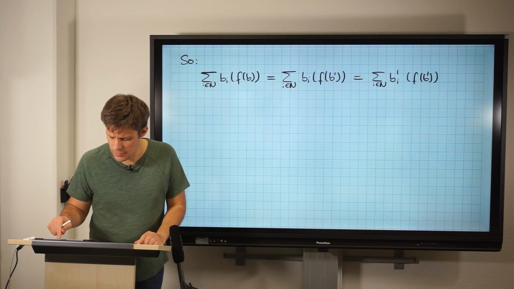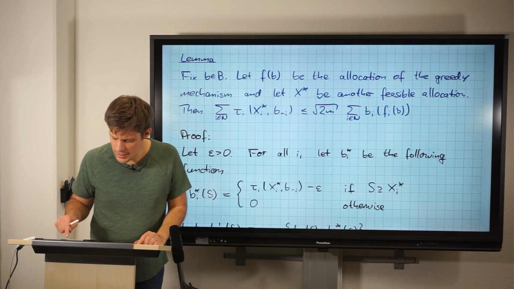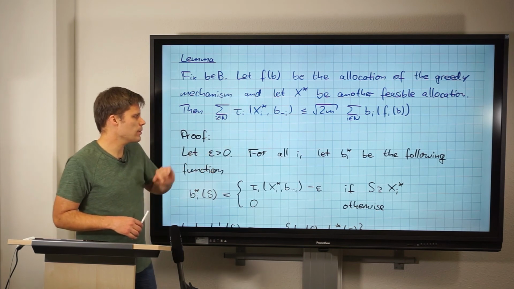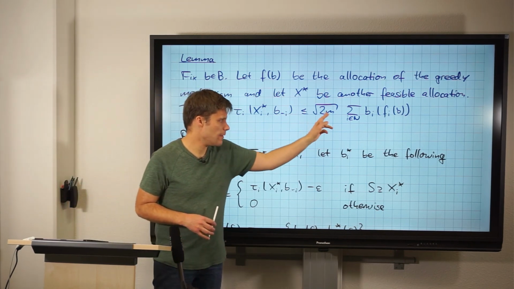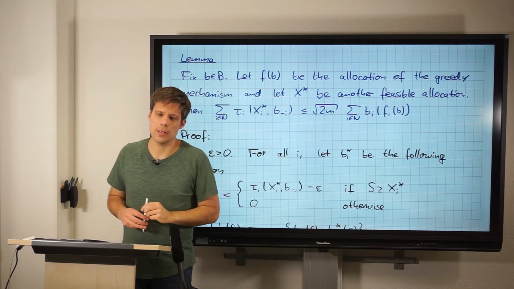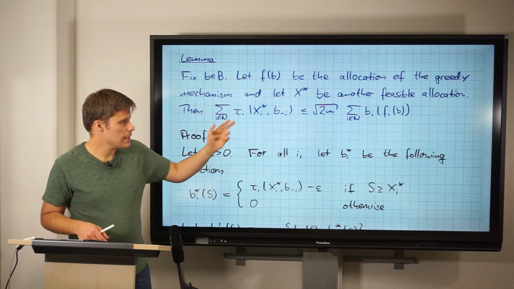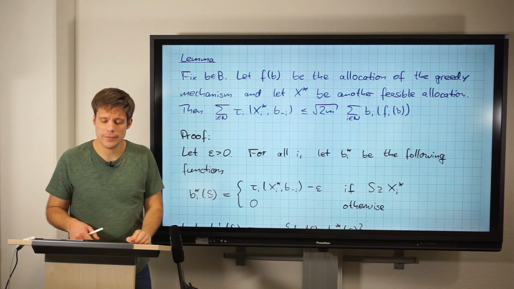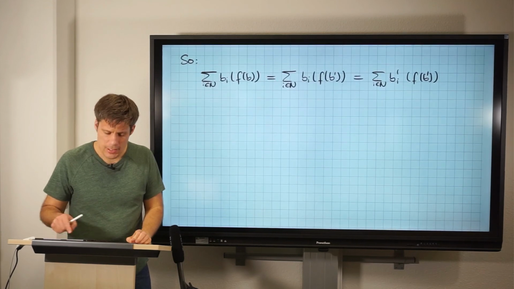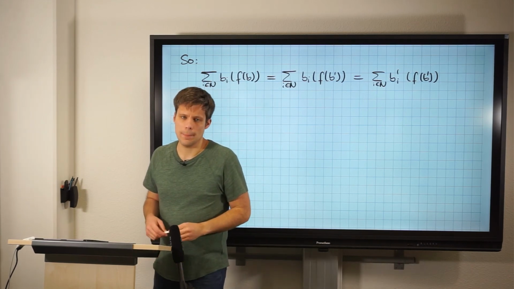Maybe let's go back to what we wanted to show. This was our lemma that we wanted to show. And we wanted to show that the sum of the critical bids is at most some factor times the declared welfare on bid profile b. But now we know that this declared welfare on bid profile b is just the same as what's happening on b prime.